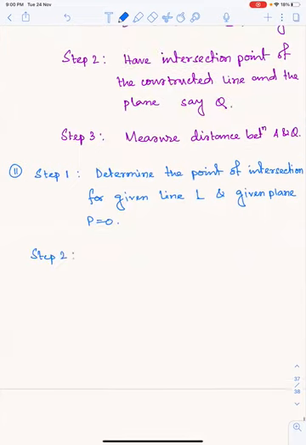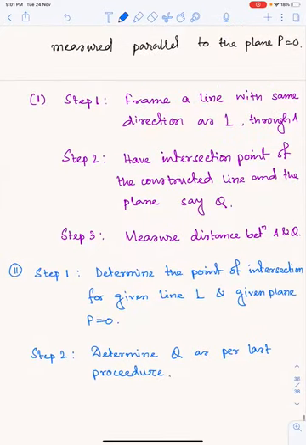Step 2, determine Q as per the last procedure. In the last approach, we have already decided Q, which is a combination of two steps. We need to frame a line with the same direction as L through A and find the intersection point of the constructed line with the given plane.